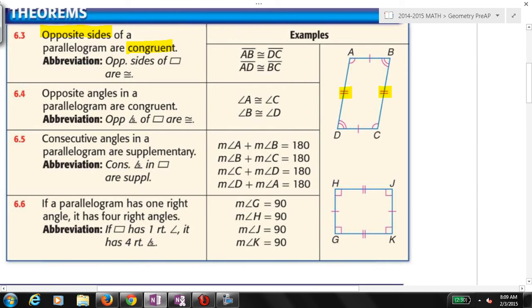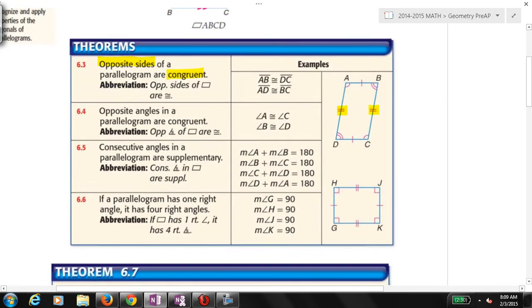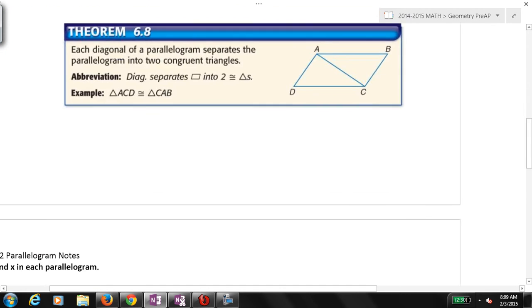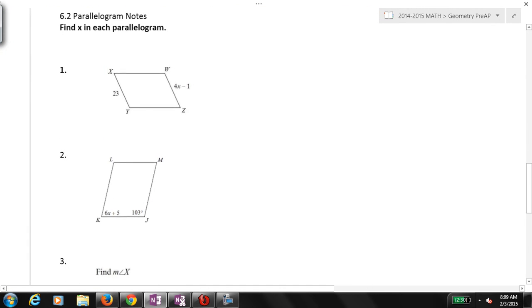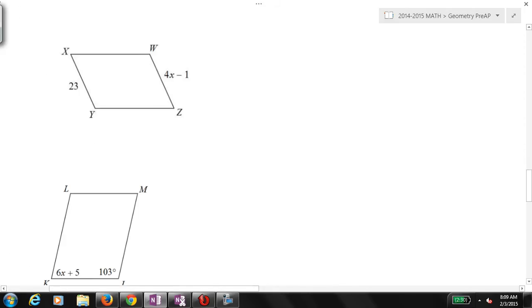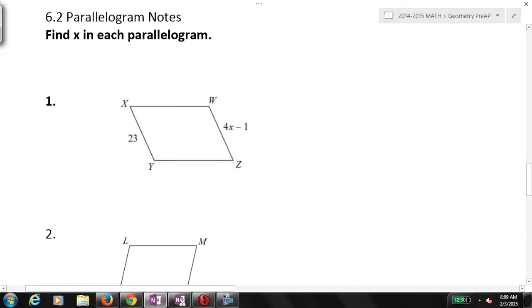So let's look at the example in the back page, and then we'll jump back to the notes. On this first example in the back, make sure that you look for this. They have to indicate that it's a parallelogram, or you have to somehow find out if it's a parallelogram.